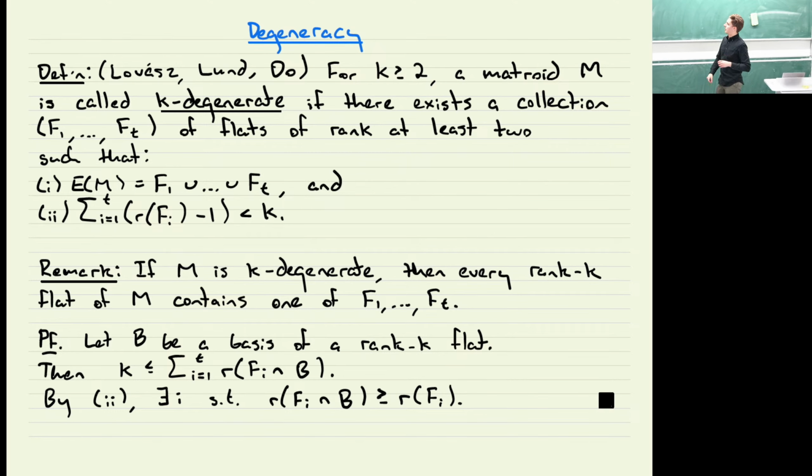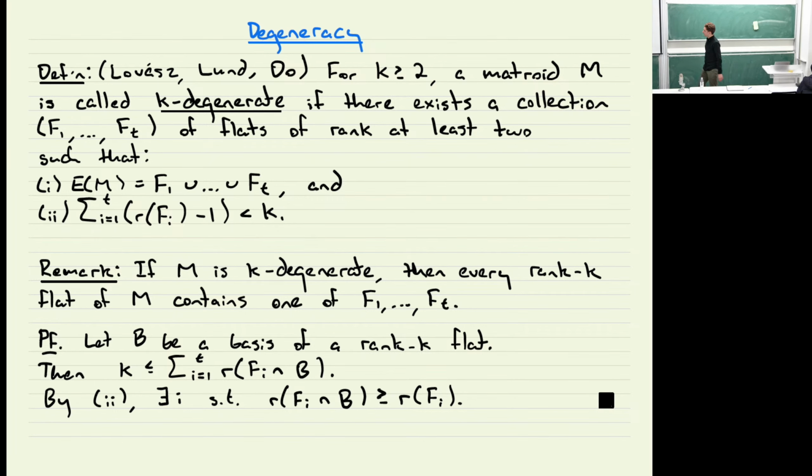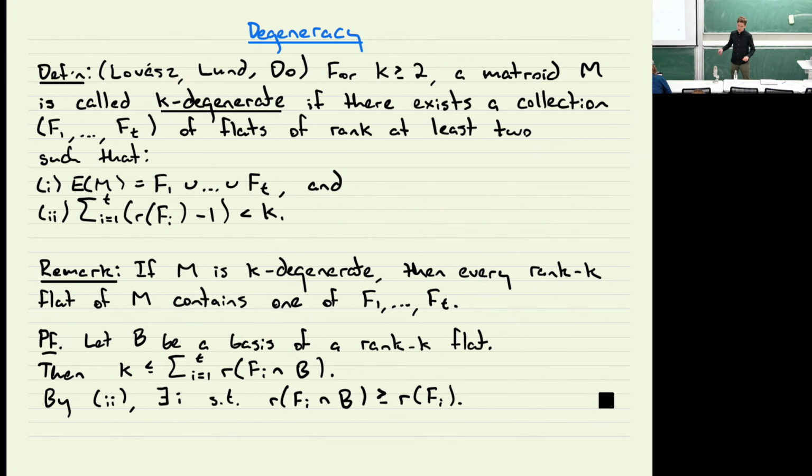And this is a problem for averaging, because if you just take all of those flats in the cover to have size linear in n, you can again make your average arbitrarily large. So degeneracy is bad, and it's something that we need to forbid in order to bound the average.